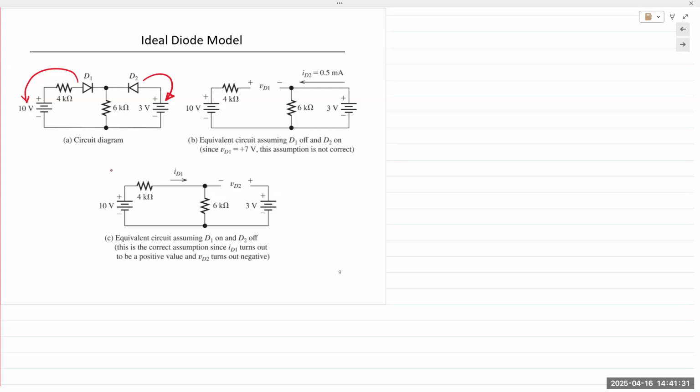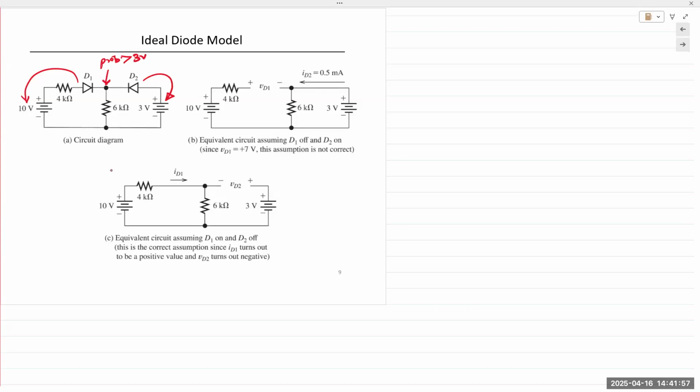However, the 10-volt source is more than 3 times the 3-volt source. So chances are that the midpoint right here is probably greater than 3 volts. This is just based on observation, no analysis, nothing.